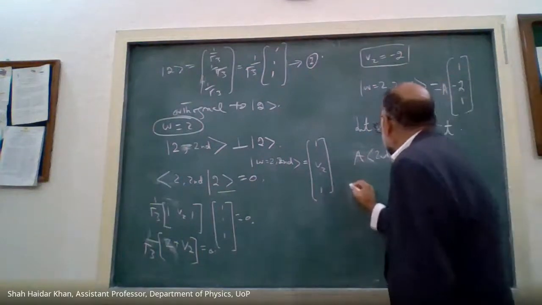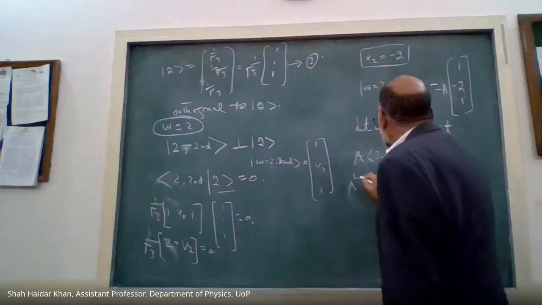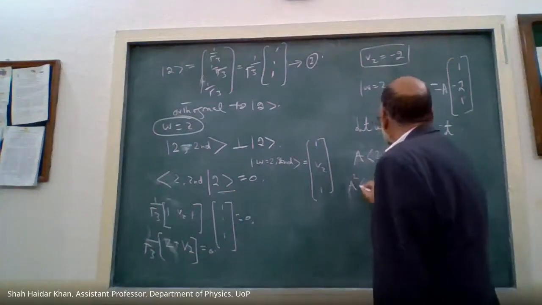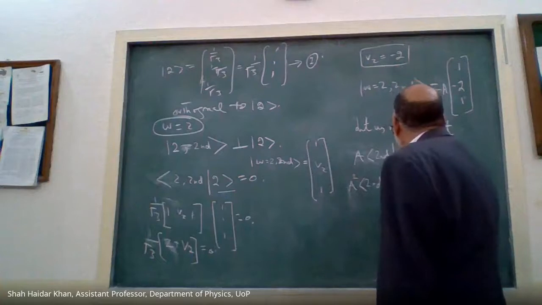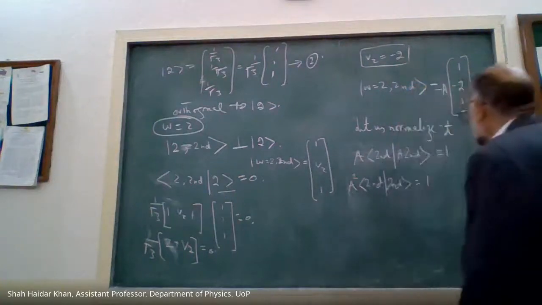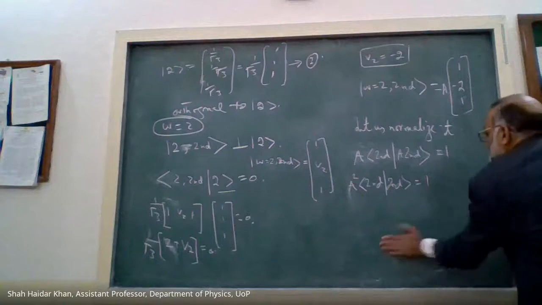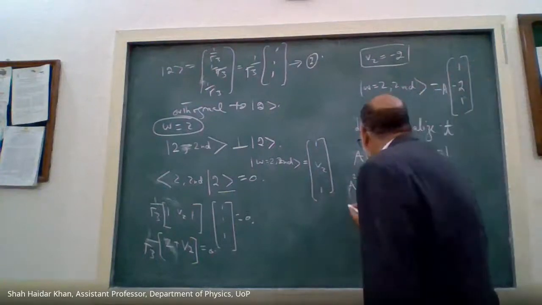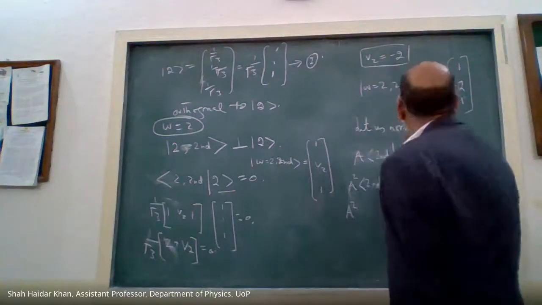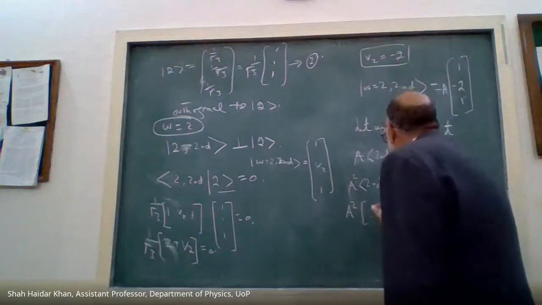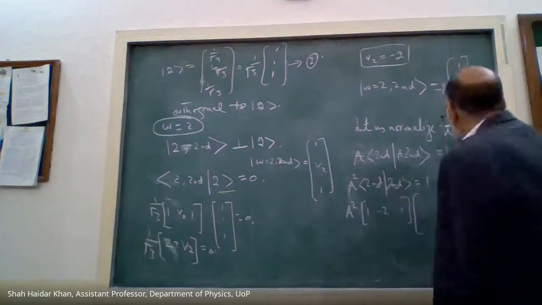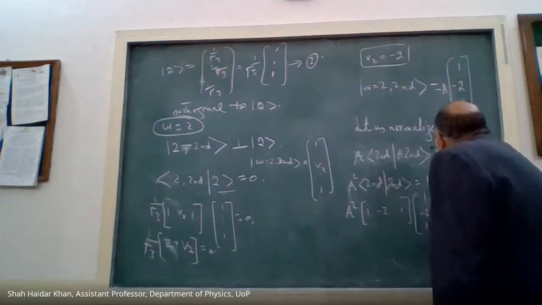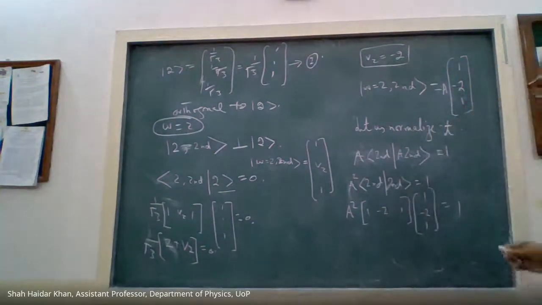So A squared, or double reverse will become second, that is equal to 1, right? A squared, the second, so the reverse, 1 minus 2, 1 bra, and now the column form will become 1 minus 2, 1 ket, that will be equal to 1.